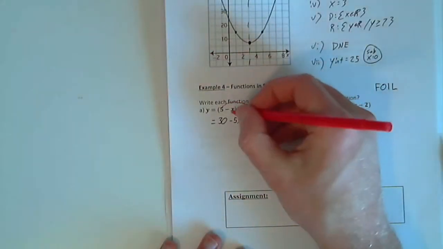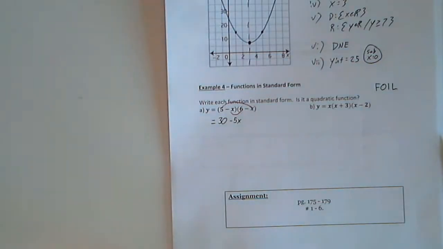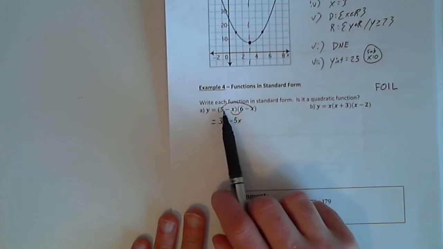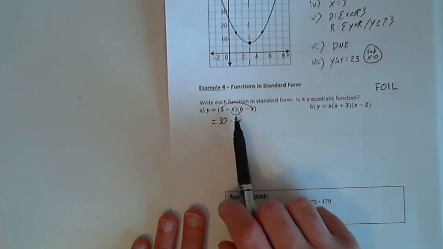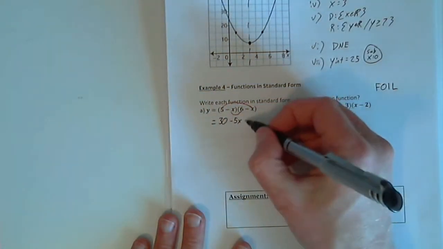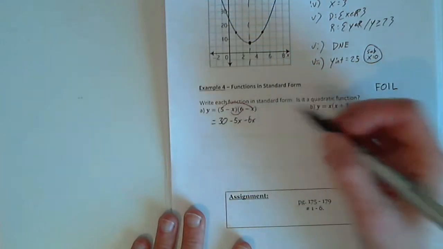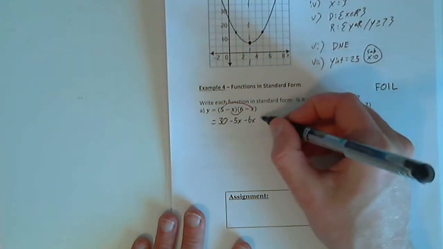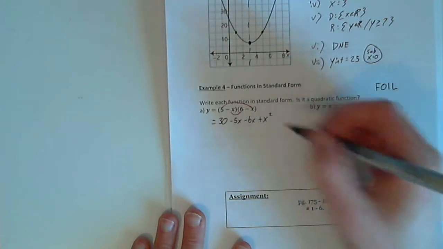Inside is the two inside ones, the two ones closest together, from different brackets. You never multiply 5 times negative x here. So negative x times 6, negative 6x. L is the last, negative x times negative x, which is positive x squared.